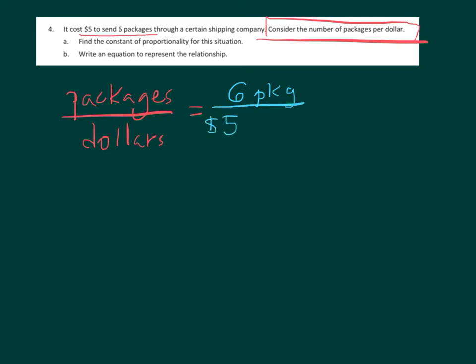And so the unit rate is 6/5 packages per dollar. Okay, so pretty much I gave you the constant of proportionality there, and you just finish the rest, please.